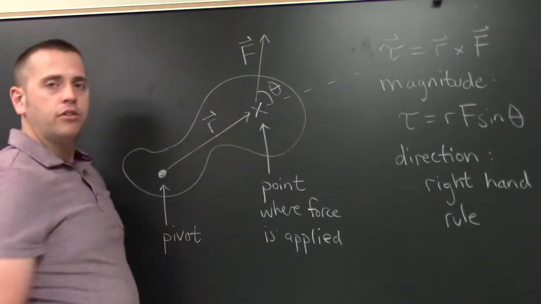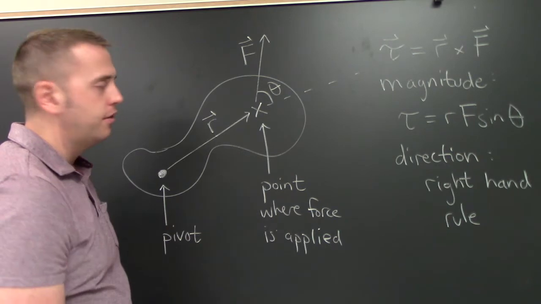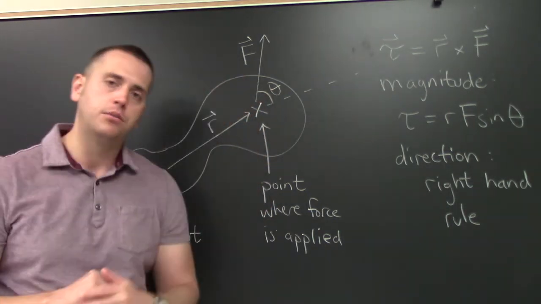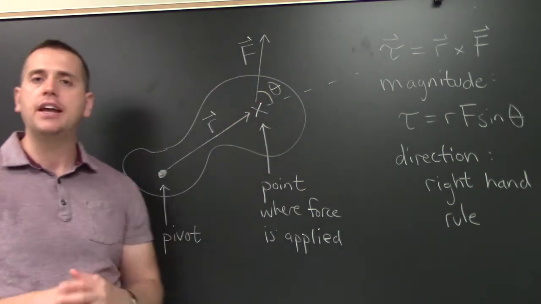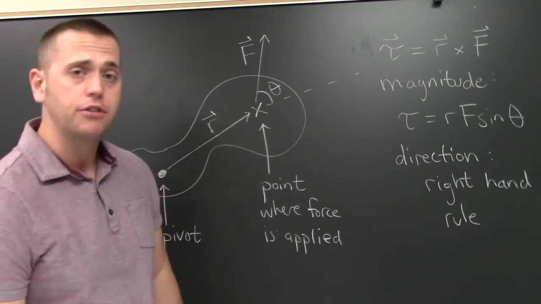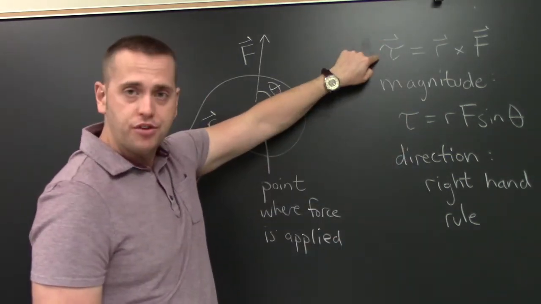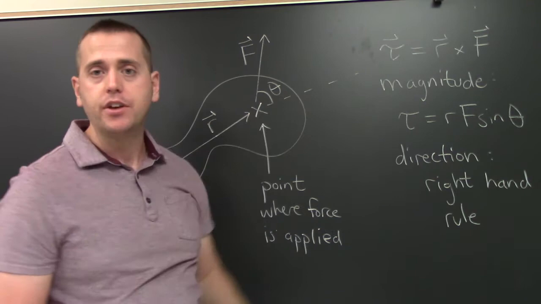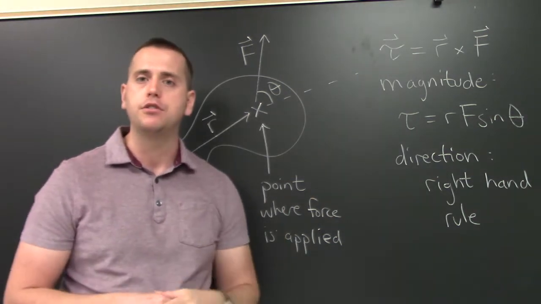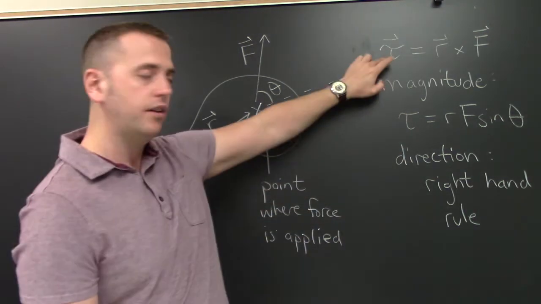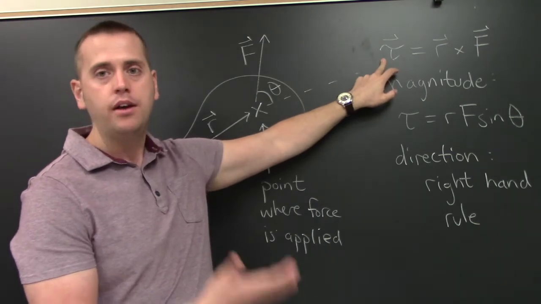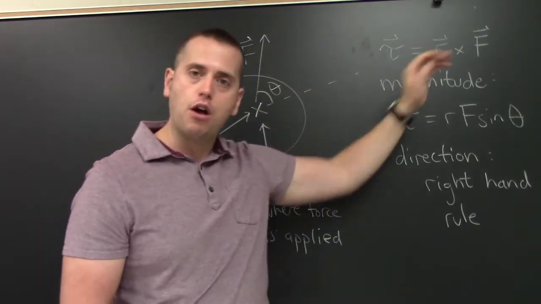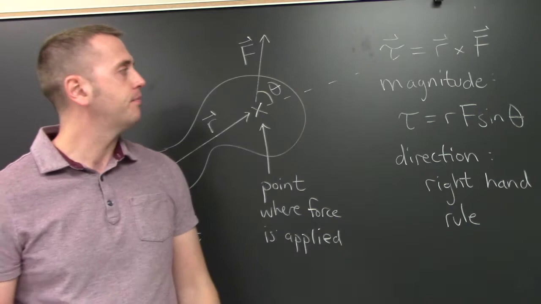Right away we notice that these two vectors, R and F, make some angle with respect to one another. We'll call that angle theta. Okay, so finally, the equation for torque is given up here. It's just the cross product of those two vectors, R and F. So torque, given by the Greek letter tau, is a vector which is the cross product of R and F.